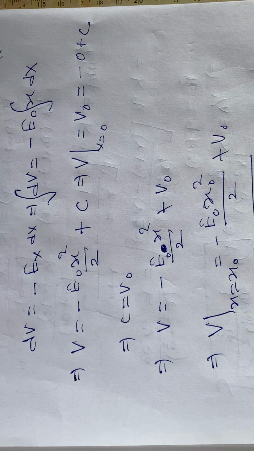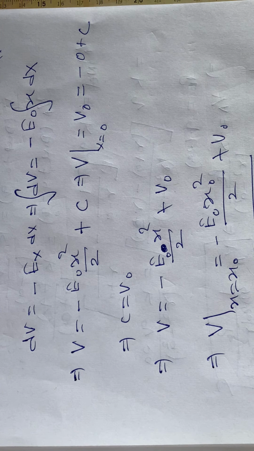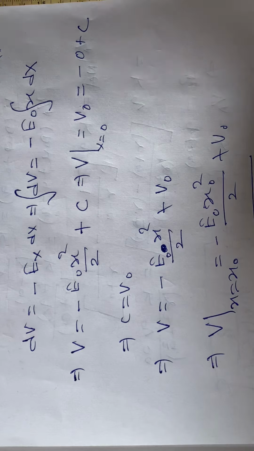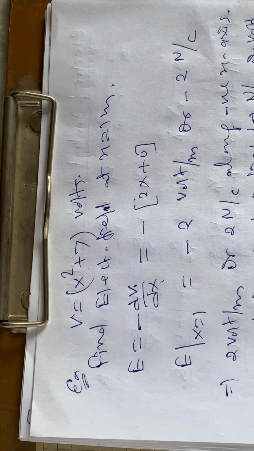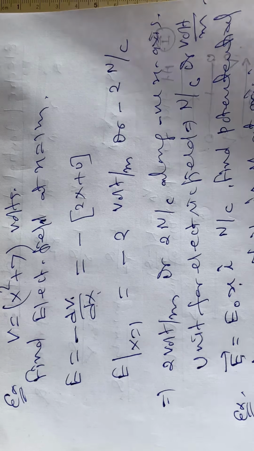So in that way, if the potential is given, one can find electric field, or if electric field is given, one can find electric potential. Now the question comes, suppose V is a function of, let us say, more variables x, y, z, then how do we do it?